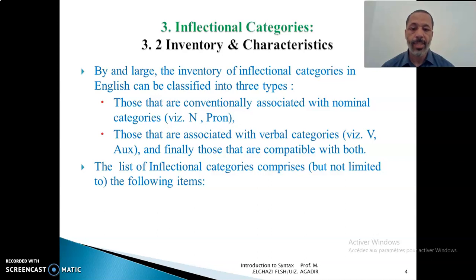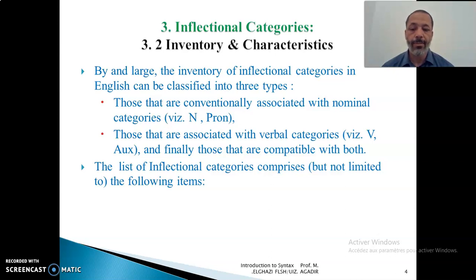Those that are conventionally associated with noun or nominal categories, and those that are associated with verbal categories, such as the verb and its auxiliaries, and finally those that are compatible with both, which means they go with both the nominal categories and verbal categories.